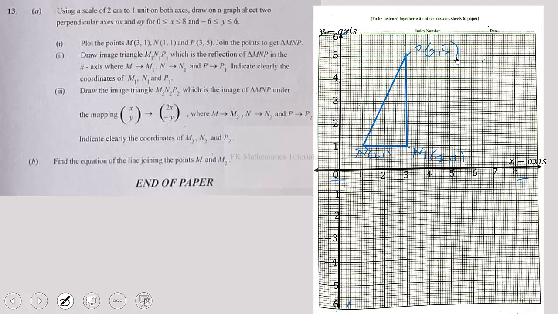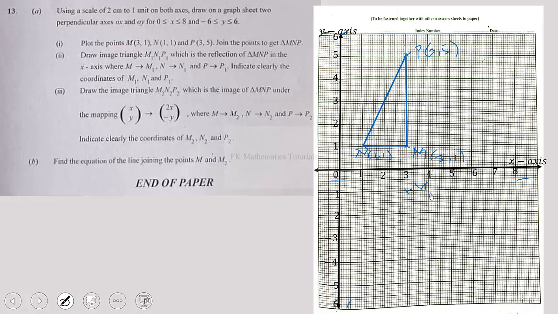We are also drawing the image triangle M1, N1, P1, which is the reflection of triangle M, N, and P in the x-axis. So M maps onto M1, N onto N1, and P onto P1. So we negate the y coordinates to get 3, -1. So 3, -1 will be here.